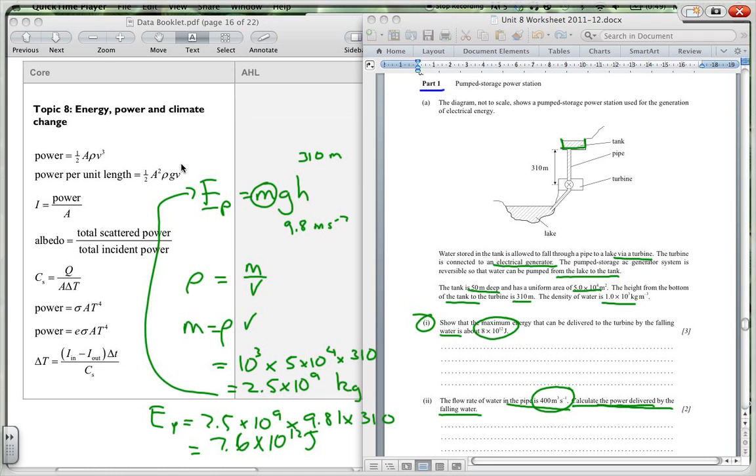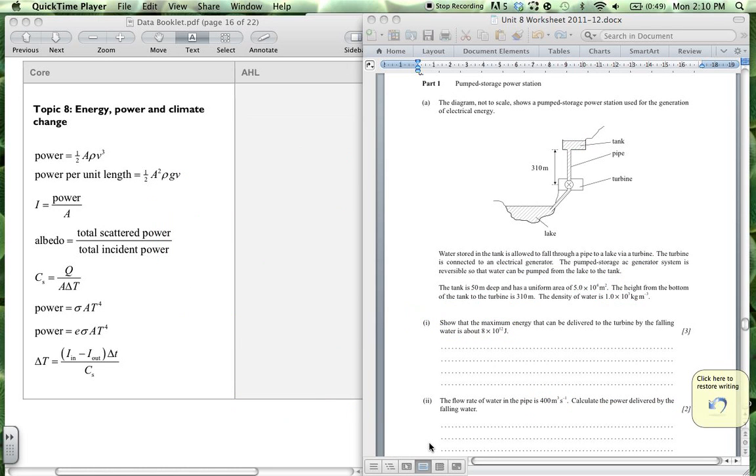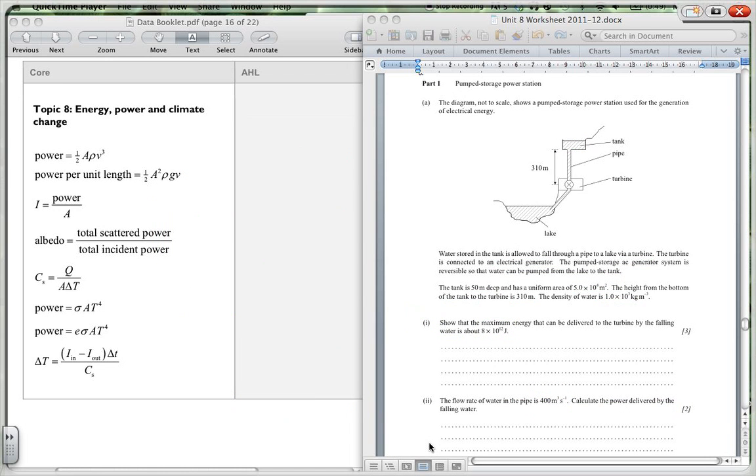Well, there's different ways of doing this. What I would think you need to do is, you know that the rate is 400 meters cubed per second, so I'm going to find an energy per meter cubed, and then multiply it by the 400 meters cubed per second. That will give you a power value.